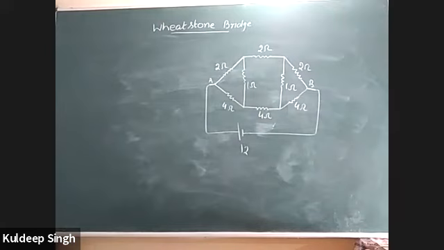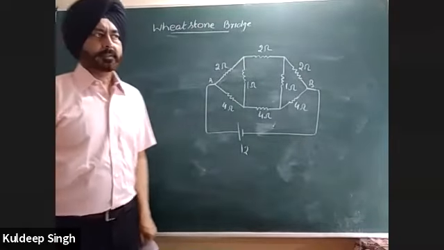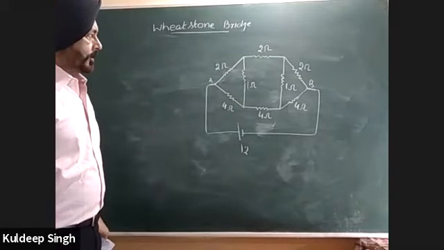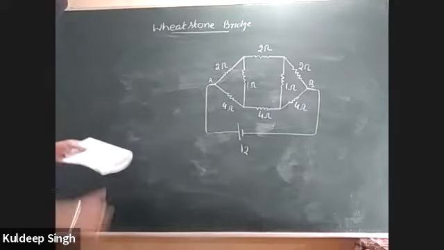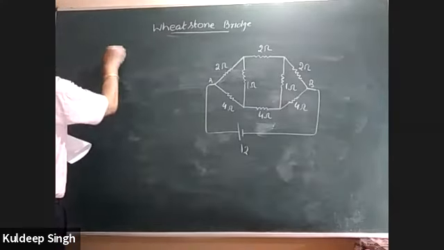Look at the diagram. So there are many resistances. Again, 8 resistances are there. It is just like the previous question, an extended form of the Wheatstone bridge. But in the examination, there were options.